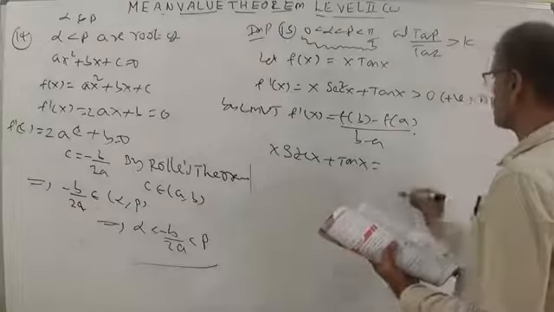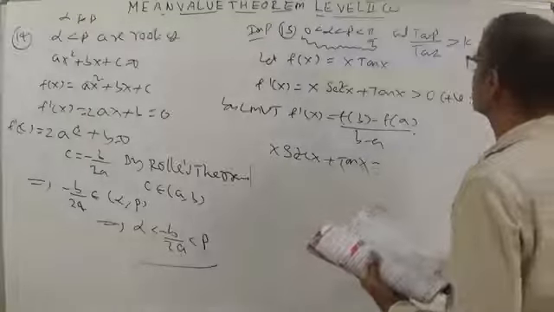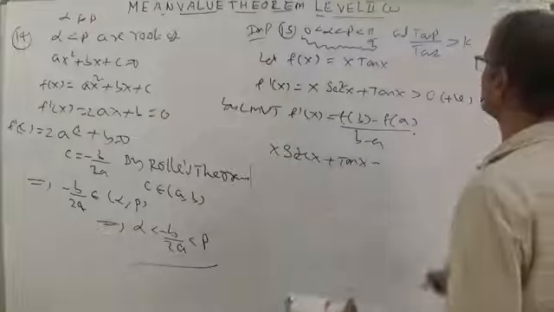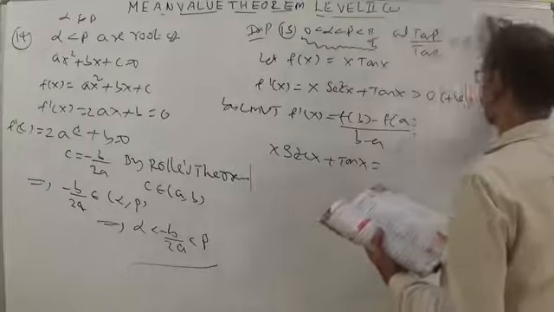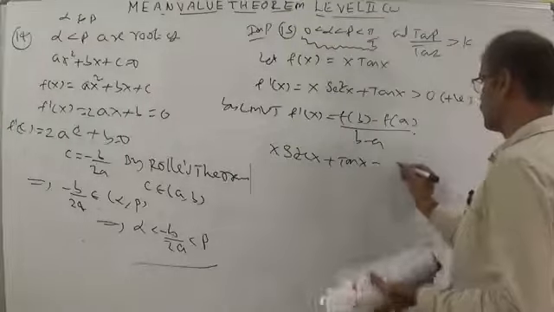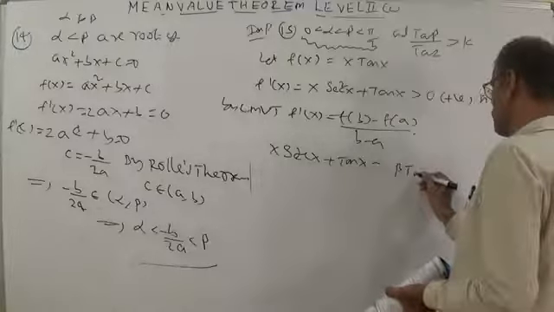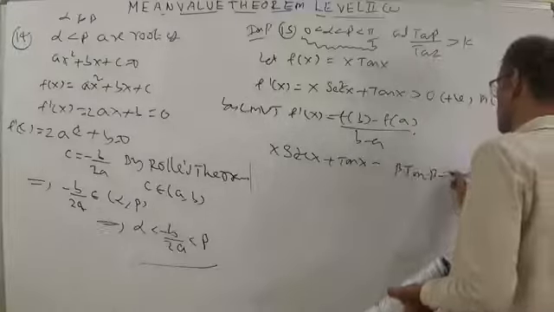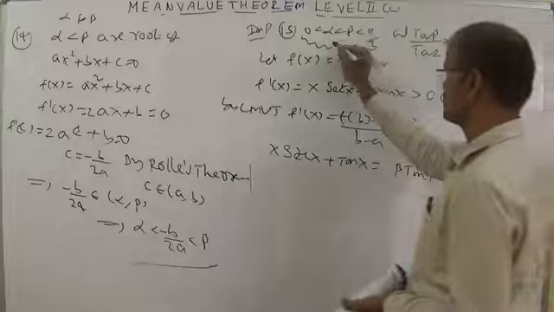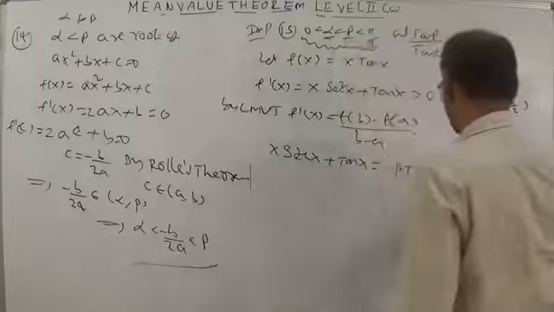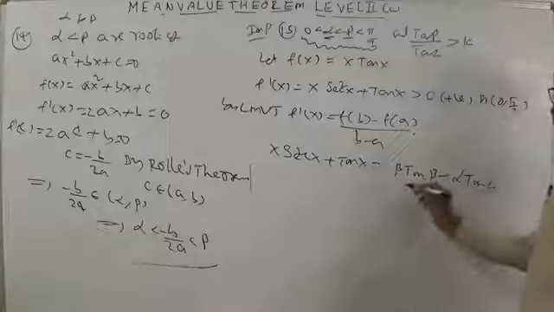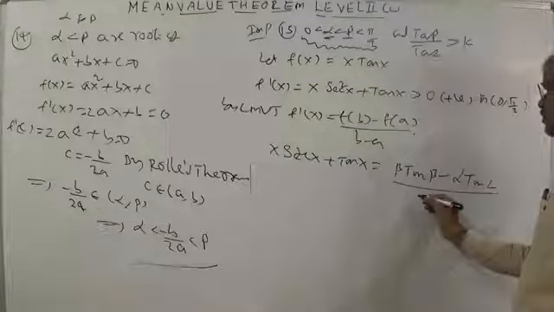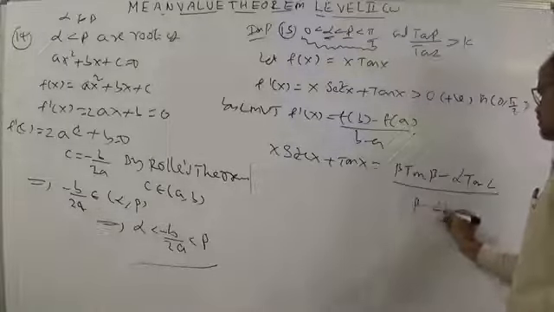So between alpha and beta, where a is alpha and b is beta, you write beta tan beta minus alpha tan alpha by beta minus alpha.